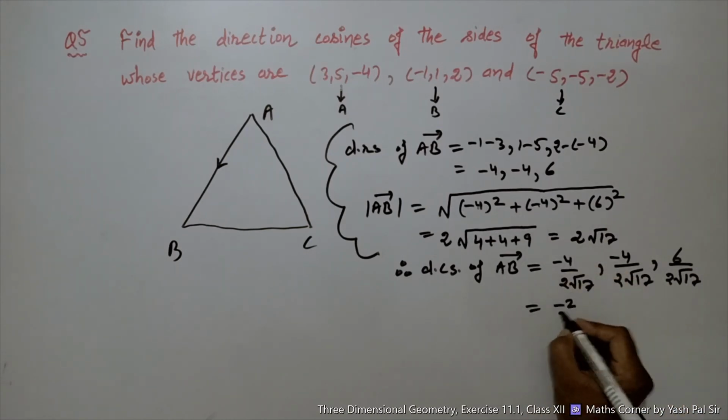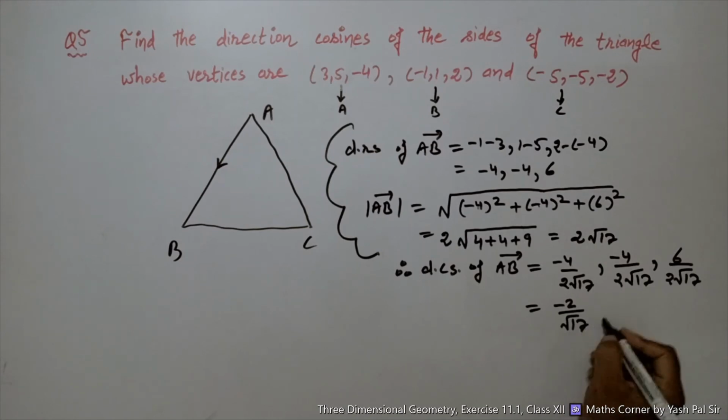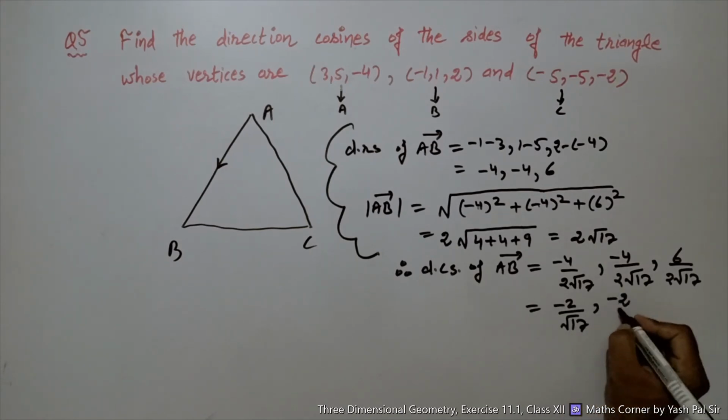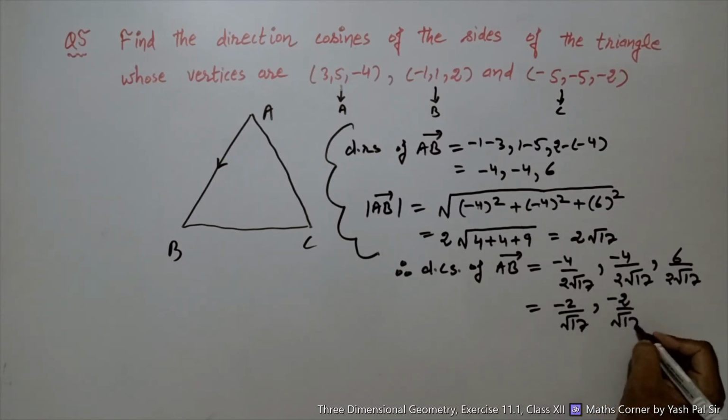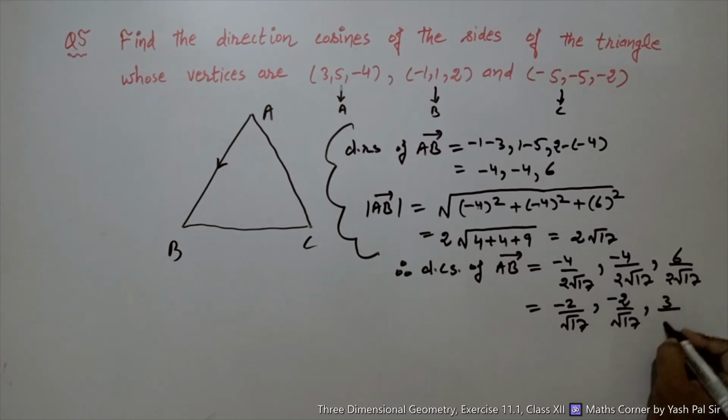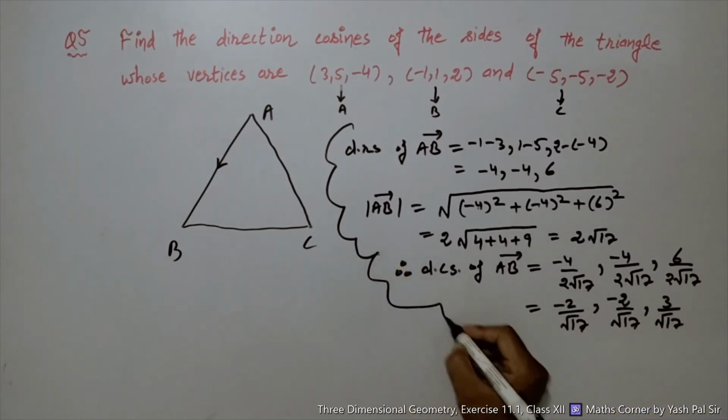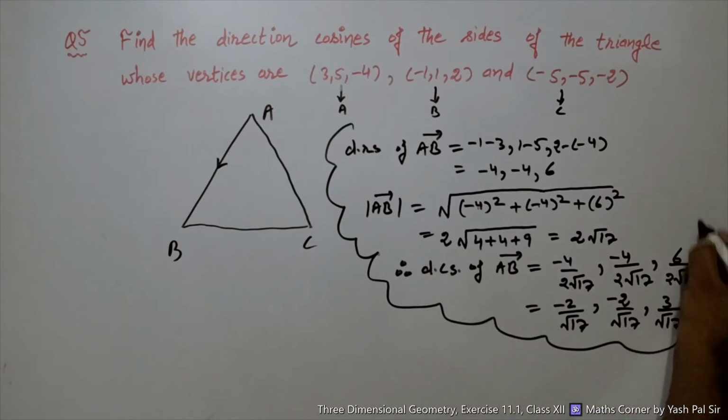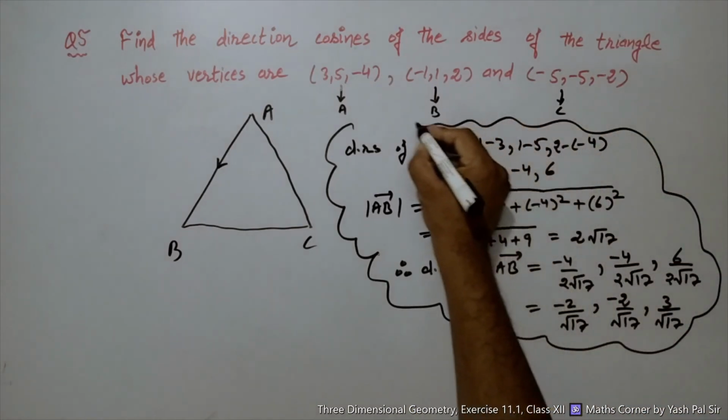That is cancelling, -2 upon square root 17, -2 upon square root 17, 3 upon square root 17. So these are the direction cosines of the first side AB.